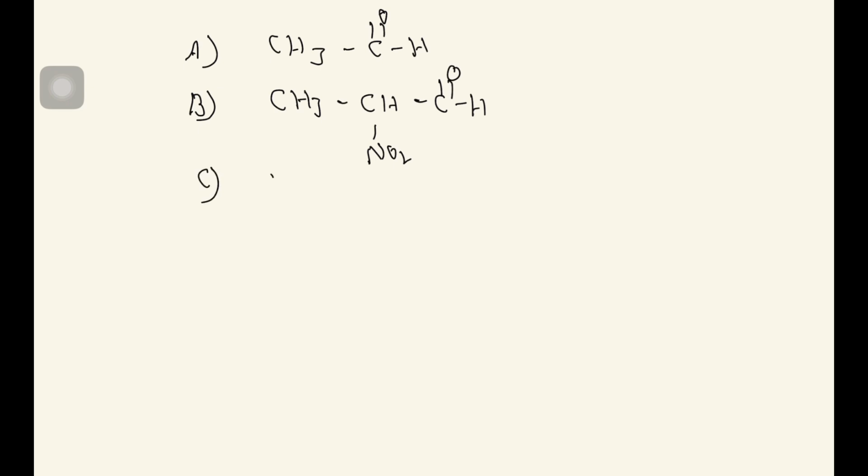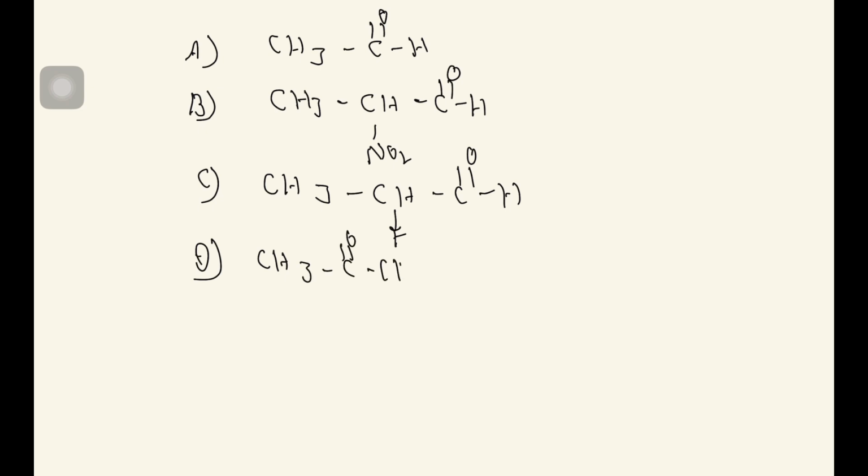So here A is CH3CHO, B is CH3CH(NO2)CHO, C is CH3CHF-CHO, and D is CH3COCH3.